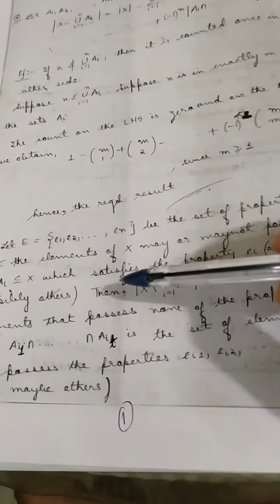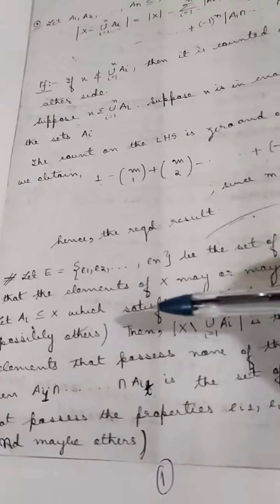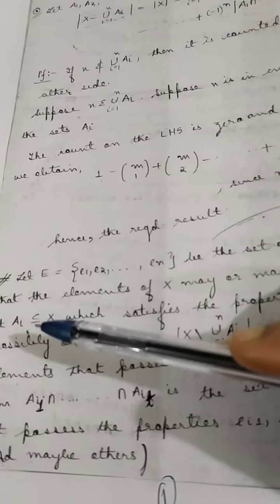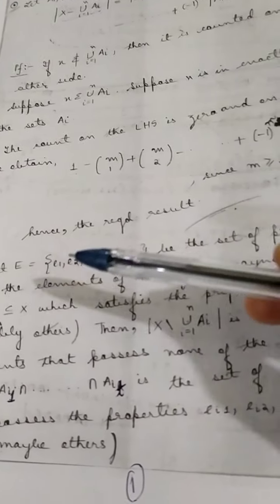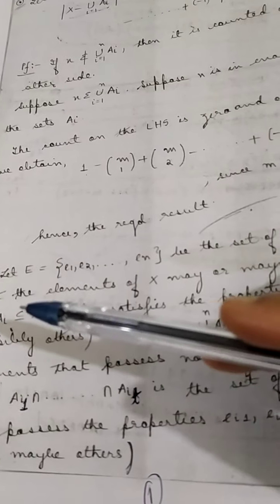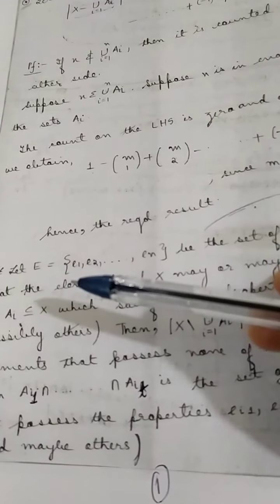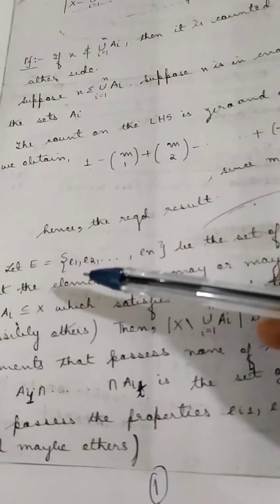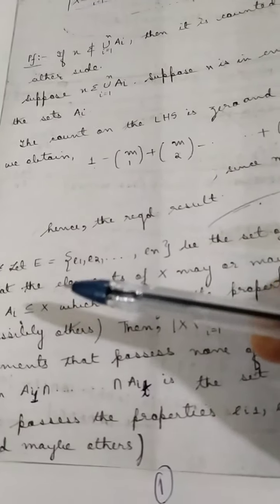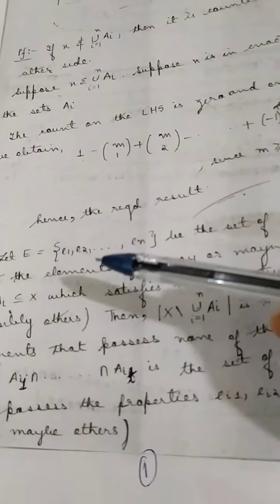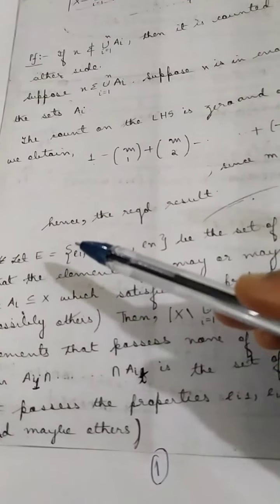An element of Ai satisfies Ei, but it may also satisfy E2, E3, E4 and so on. It always satisfies the property Ei.